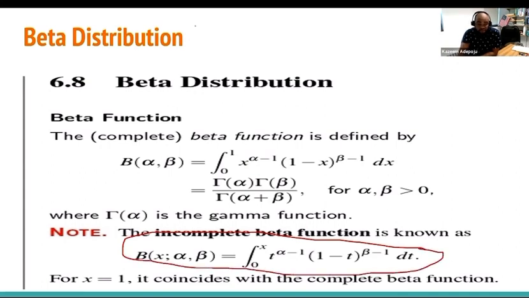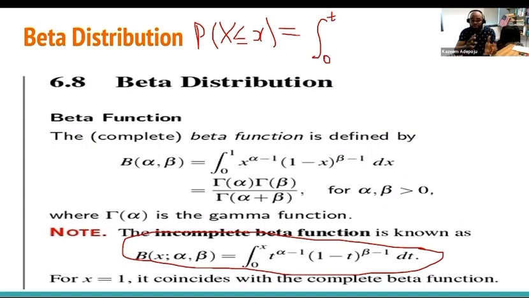So if I want to find the CDF of a beta distribution, it's basically going to be this. I'm going to go from 0 to t.